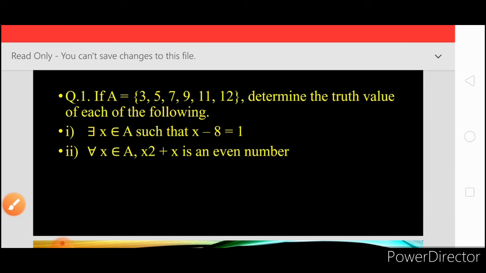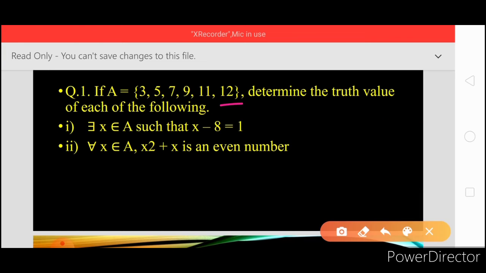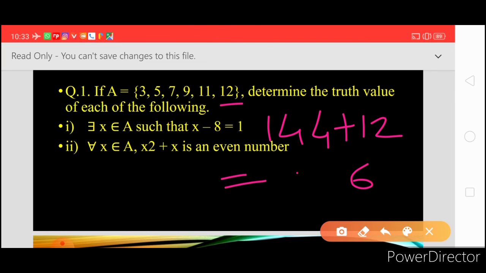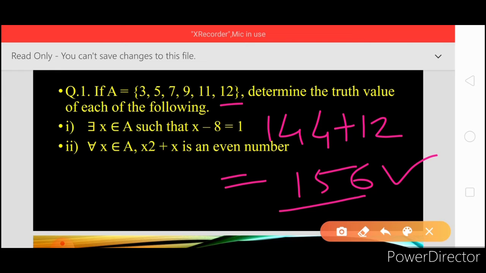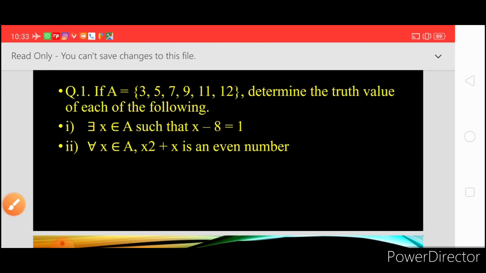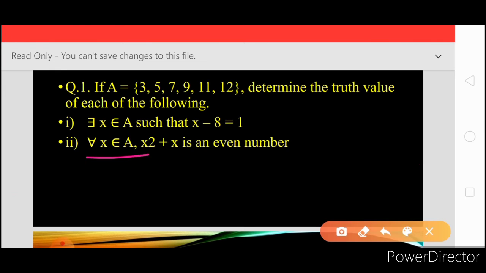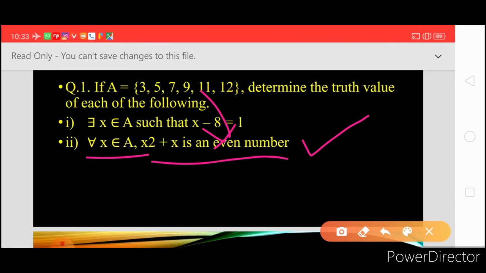Now we check the last element in that set, 12 square. 12 square is 144 plus 12, which is equal to 156, and 156 is also an even number. So friends, for all x belongs to A the given condition is satisfied, which means the given statement is true.